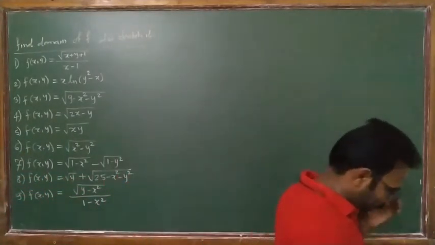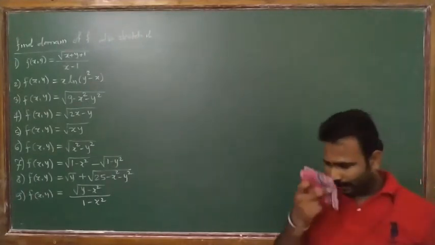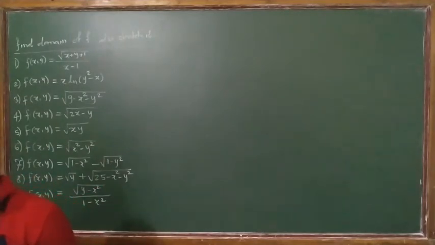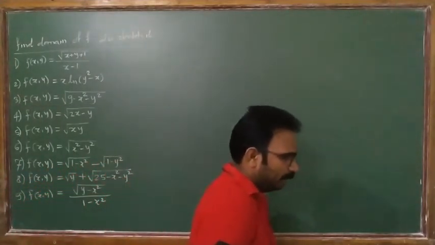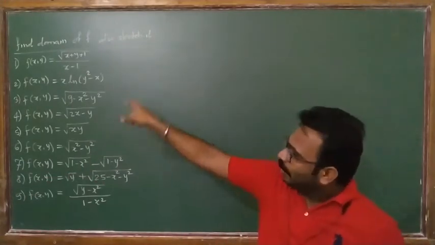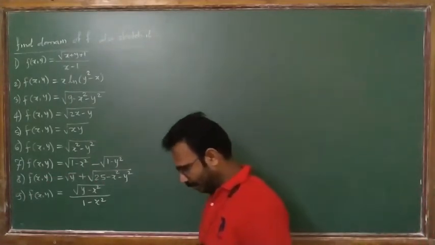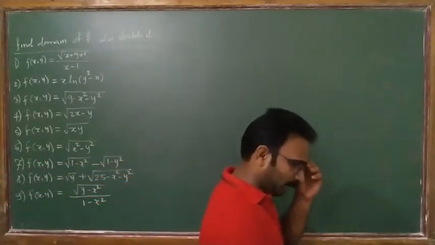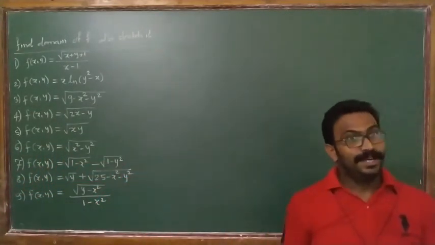So these are the functions. We have to find the domain, and then we have to sketch geometrically, because all these are two variable functions. That means the input is given from R2. So we have to find the domain and sketch this domain into R2.